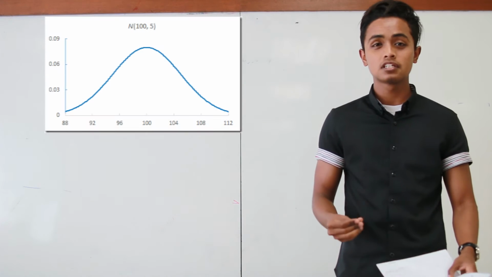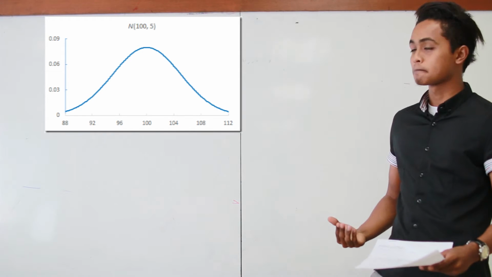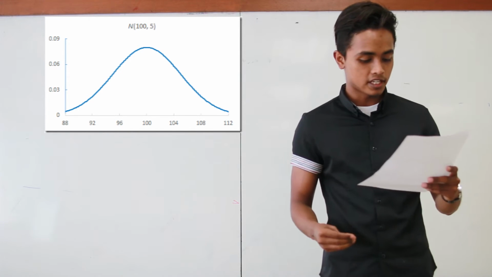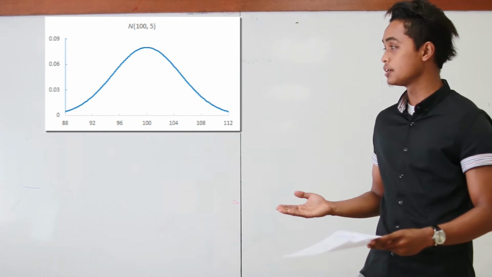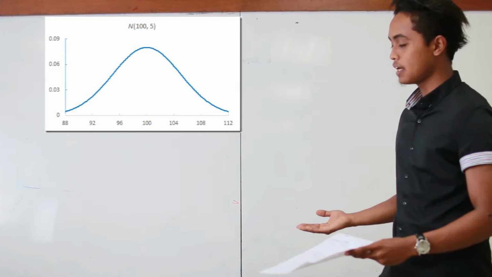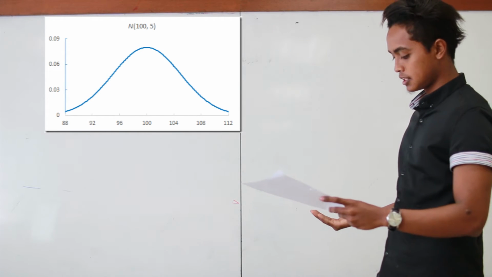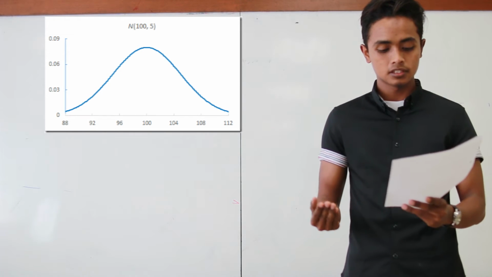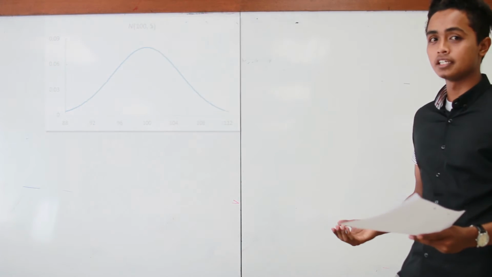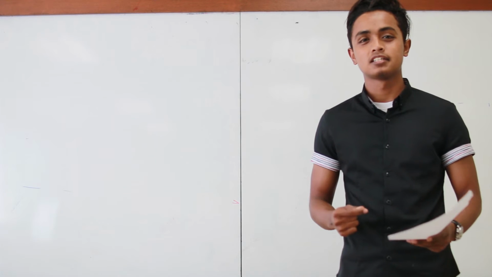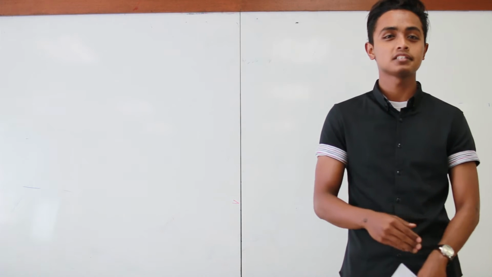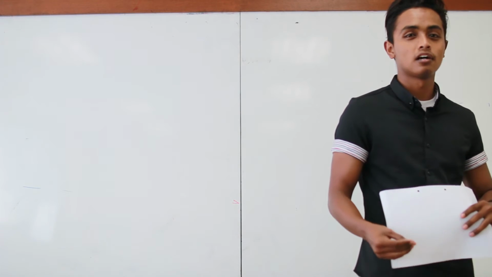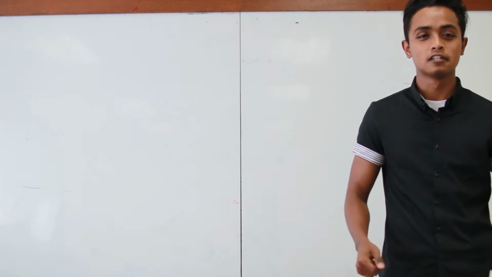The graph of the curve might look like this. Such a curve is denoted as f(x) and is called a continuous PDF. From the curve, the total area under the curve is equal to 1. Next, I will pass this video to my friends.